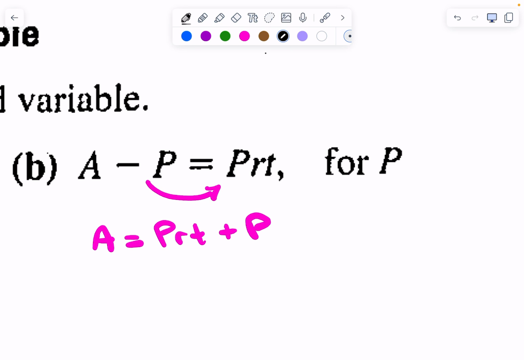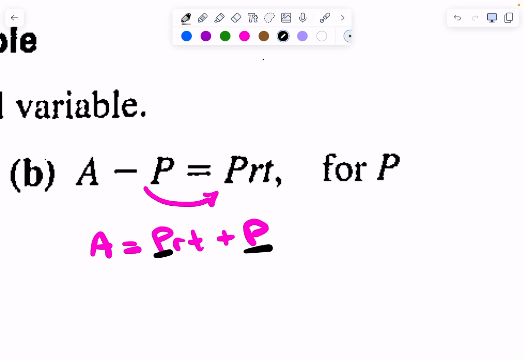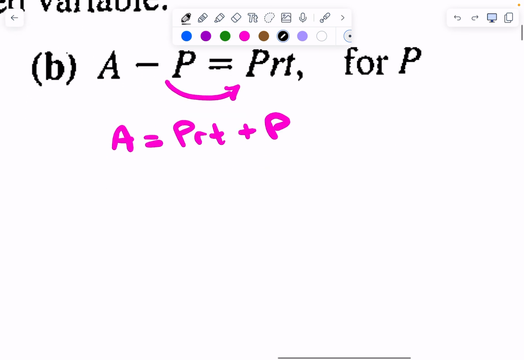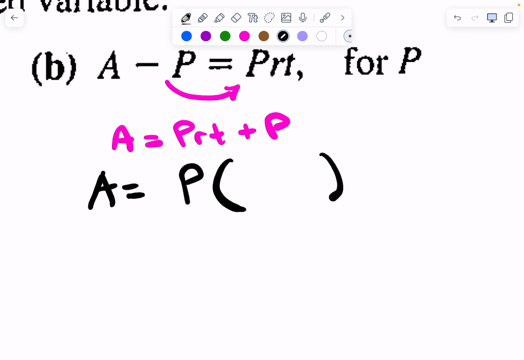I've got to do something to solve for both of those P's, so I have to turn both of those P's basically into one P. Here's how you're going to do it. A equals, I'm going to pull a P out front. What's left over if you take the P out?